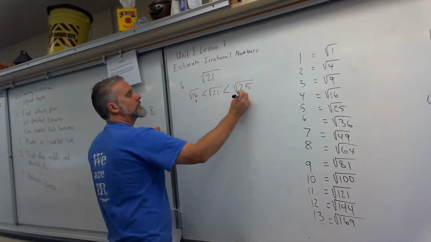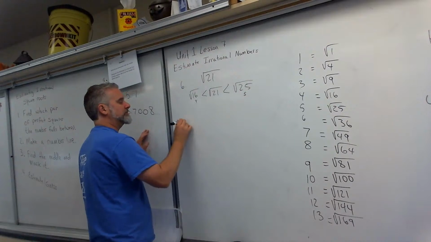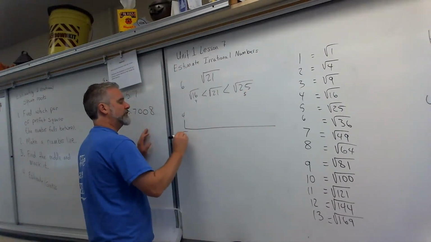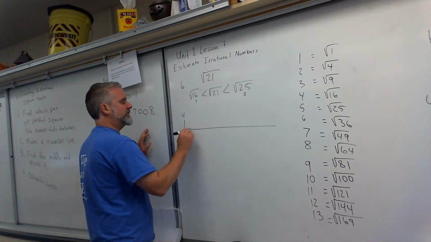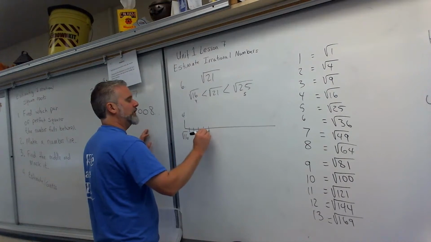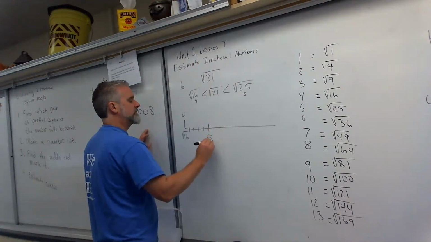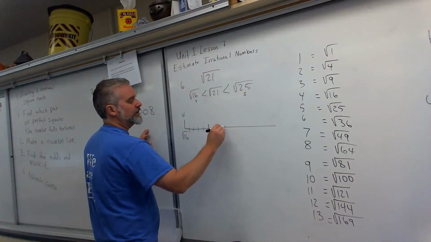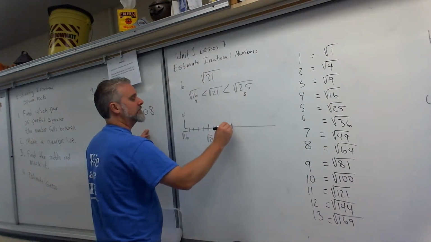This is 4, this is 5. Make our chart. 4, square root of 16, 17, 18, 19, 20, 21, 22, 23, 24, 25.